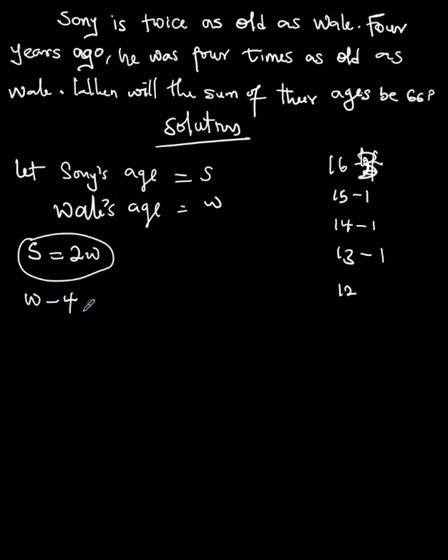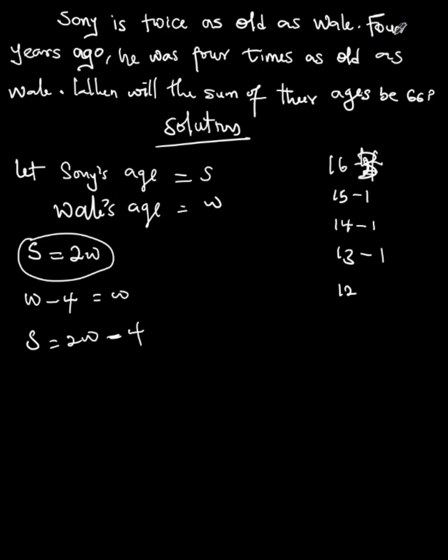4. Now, Sonny's age, which is 2W now, 4 years ago will also be 2W minus 4, right? So Wally is W minus 4, 4 years ago. Sonny is 2W minus 4, 4 years ago.